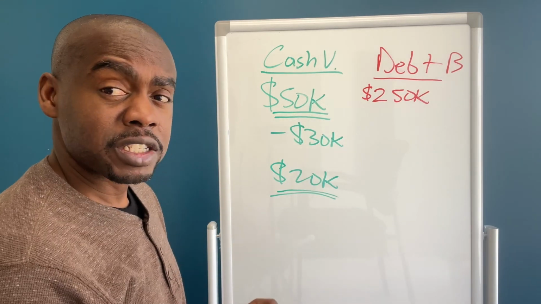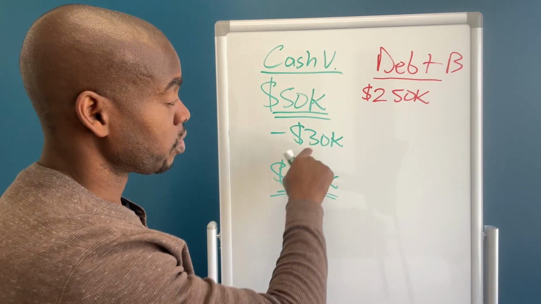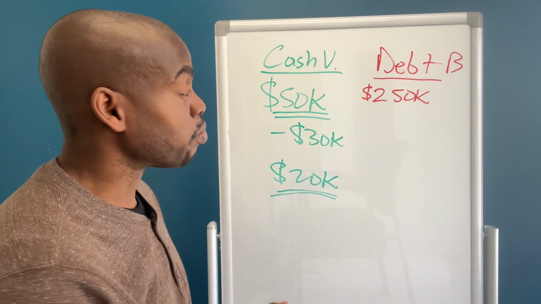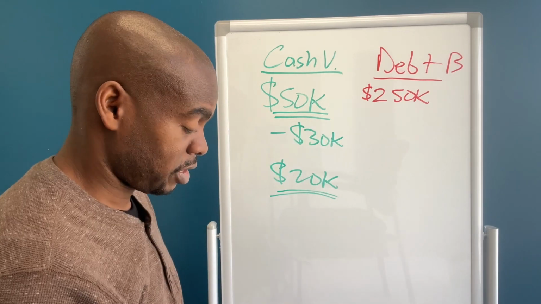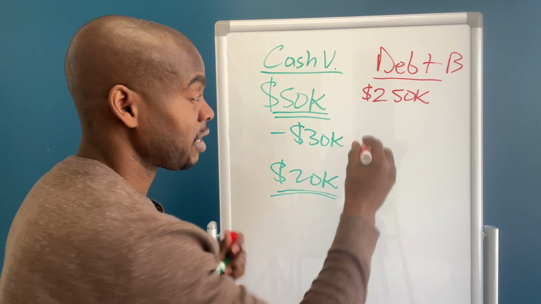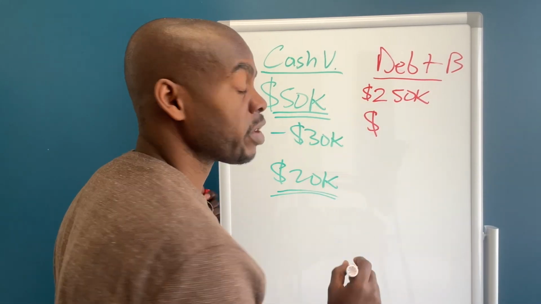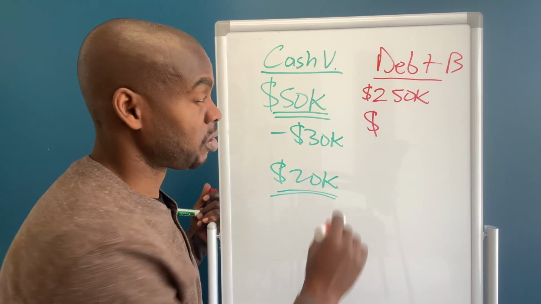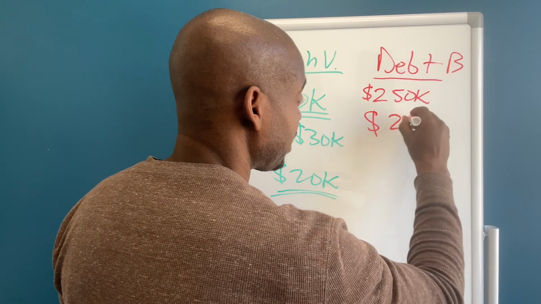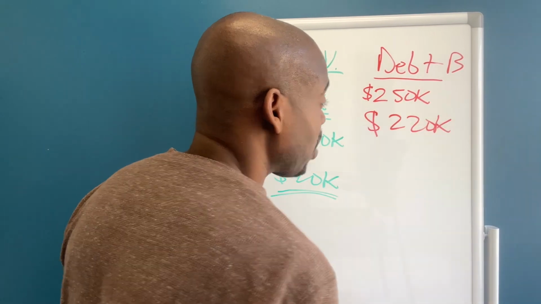Now, in your policy, when you borrow $30,000, you borrow against your $50,000. On the death benefit side, your death benefit will be reduced by the exact amount that you borrow. So you'll see that your death benefit is now $220K.